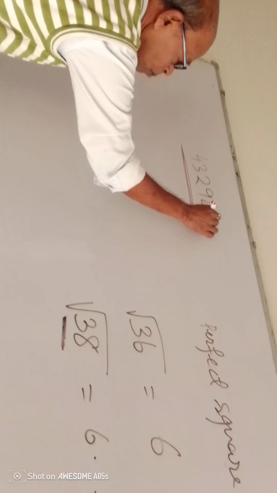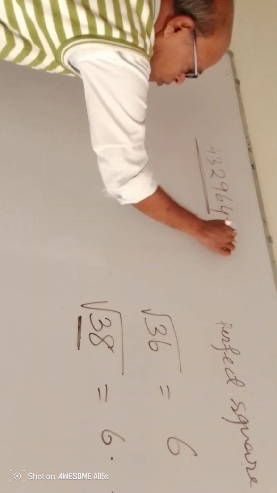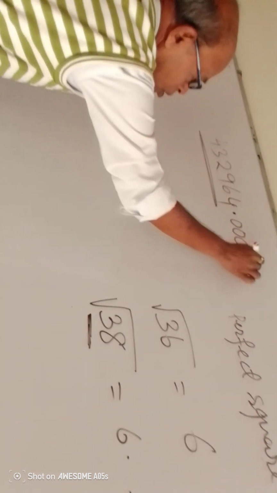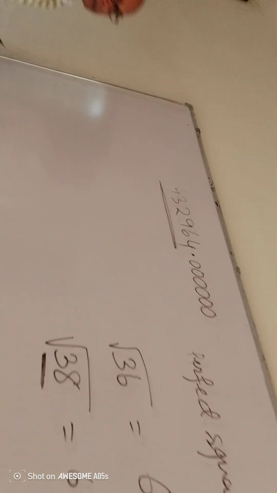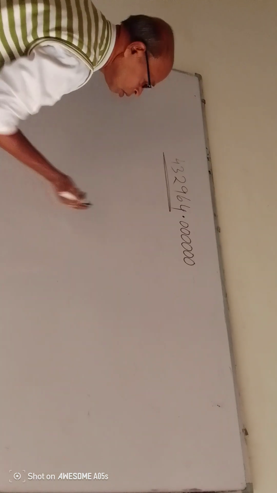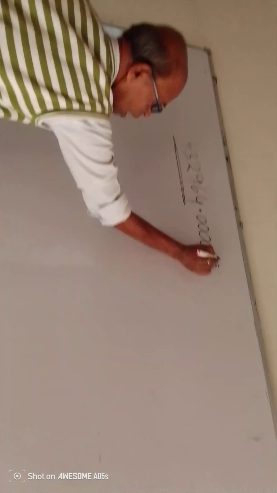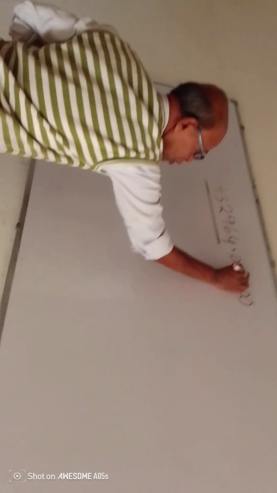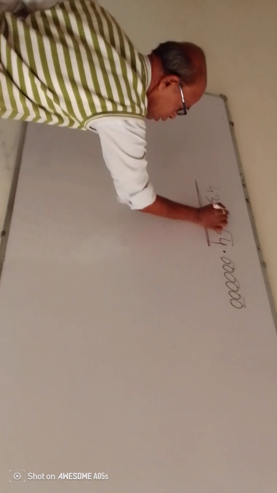So in order to find the square root, you put a decimal point and to the right you write 00. Now we have to put a line over every 2 digits from the right. You go on putting lines on every 2 digits.